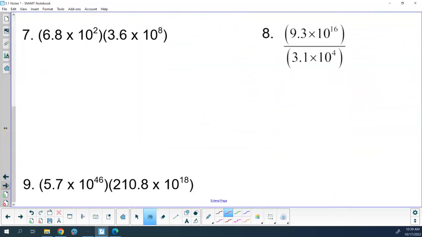Let's put it to work. 6.8 times 10 to the second power times 3.6 times 10 to the 8th power. So the very first thing that I would do here is I would multiply these two numbers.